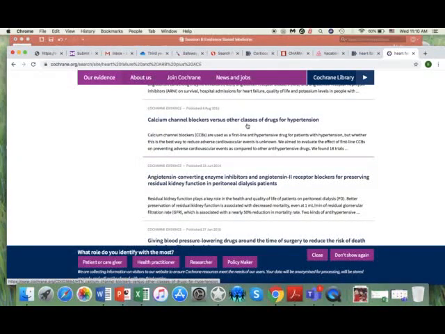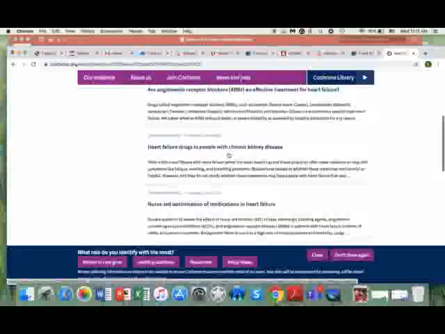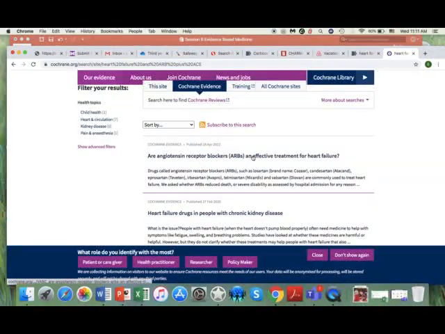I want to know more about ARBs. This one's a good one: ACE inhibitors and angiotensin receptor blockers for preserving kidney function in a dialysis patient. Okay, this isn't talking about heart failure. This is talking about dialysis patients. So this one's probably the best one that they have here.